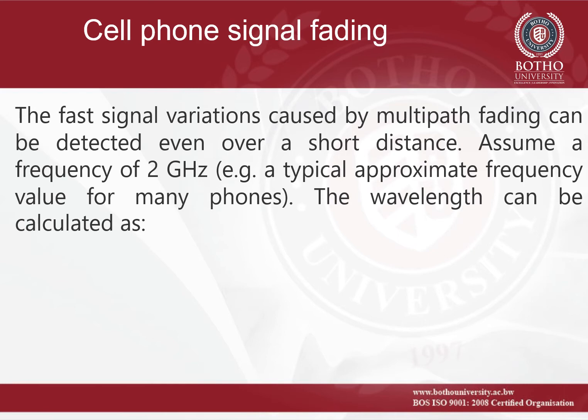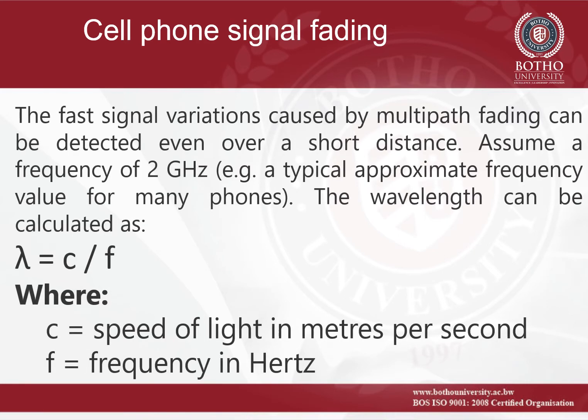The wavelength can be calculated as I had mentioned in the previous slide. In this example, the given frequency is 2 GHz. Now to calculate the wavelength, which is denoted as lambda, we use the formula c/f, or c divided by f, where c is the speed of light in meters per second and f is frequency in hertz.